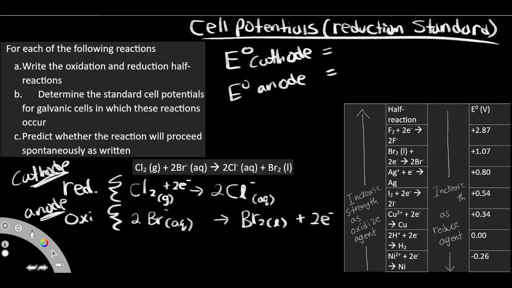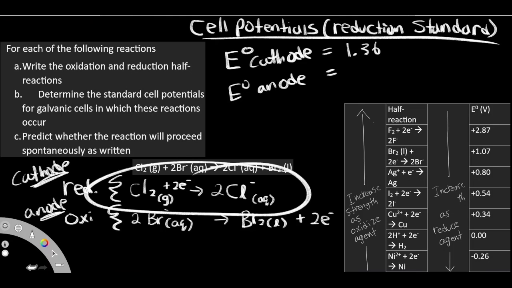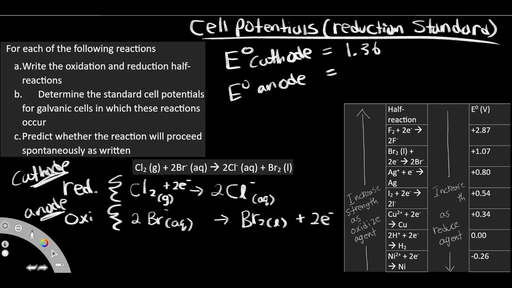On a bigger chart, which you will be given from your teacher or professor, it should be 1.36 for the Cl2 plus 2 electrons yielding the 2 Cl minus. 1.36. So that should be somewhere within the bigger chart that you're going to be getting. Whereas the E standard anode would be 1.07.